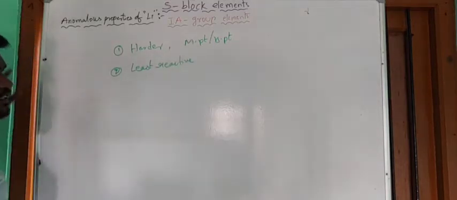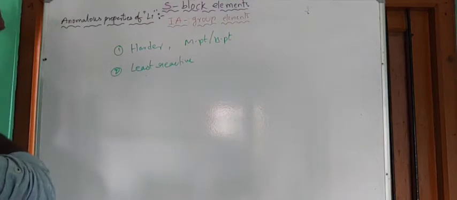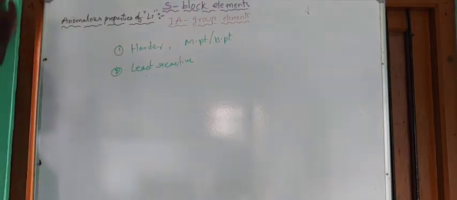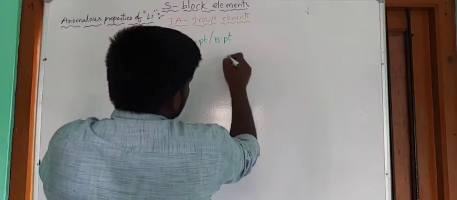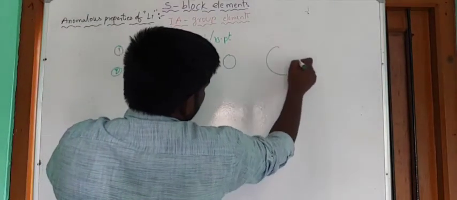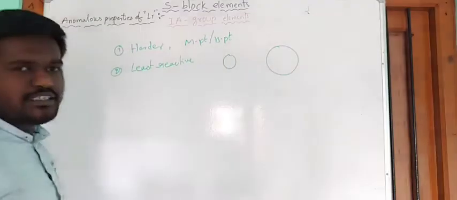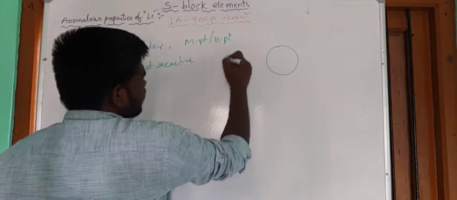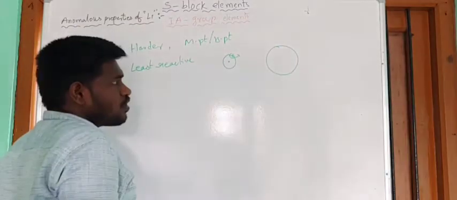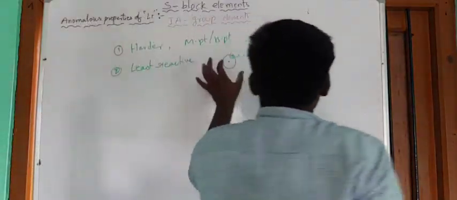And next, the second one, which is least reactive. This one is least reactive compared with the other elements in the first A group. Why is this least reactive? Because of the small size. Other atoms of the elements are large in size. When size increases, removal of an electron becomes easy, while losing an electron is difficult for lithium.